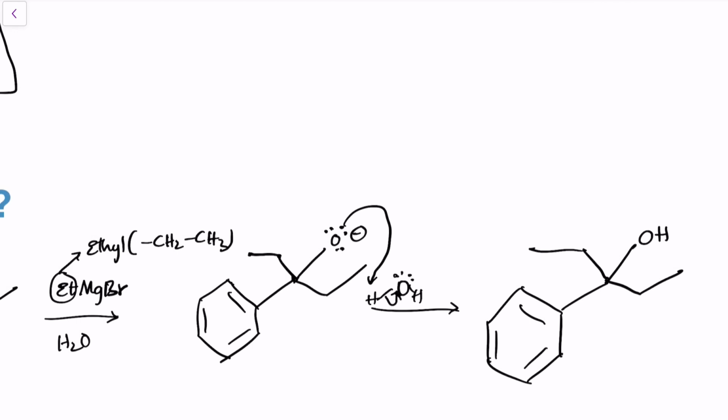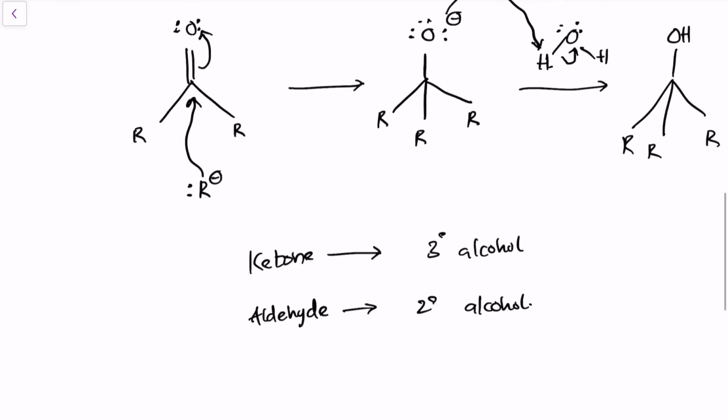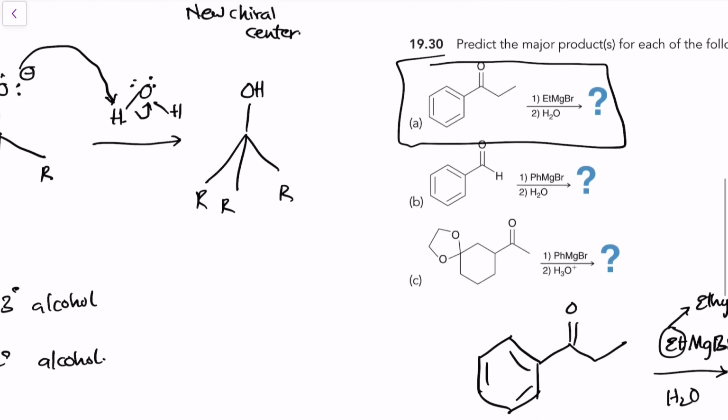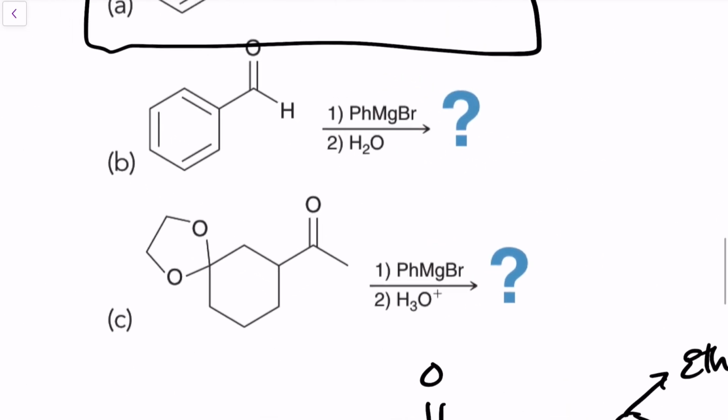So this is the final product that you get. But notice that this product is going to end up becoming a racemic mixture because it's a chiral center. So it's a tertiary alcohol, but it does end up becoming this structure. So pause the video right here and try to solve these two problems.